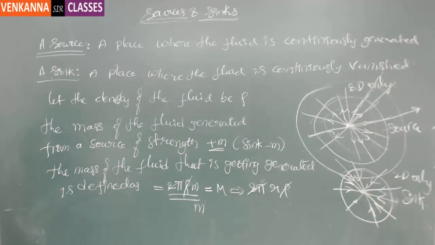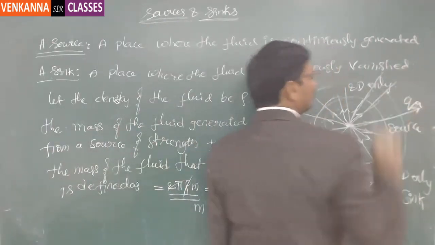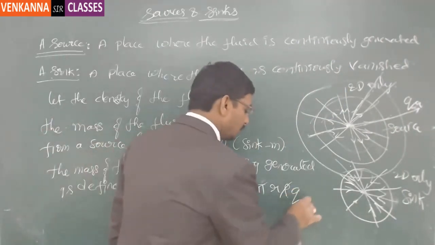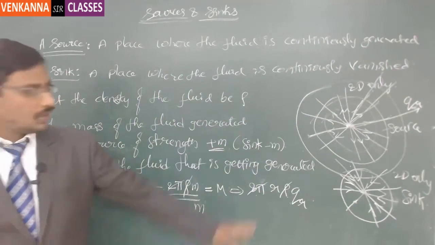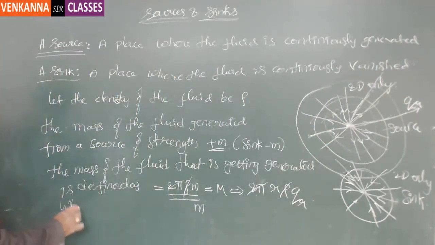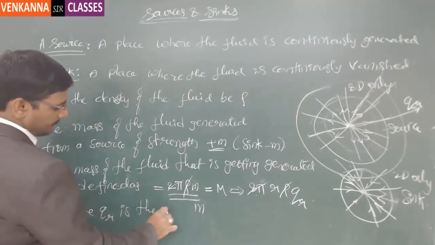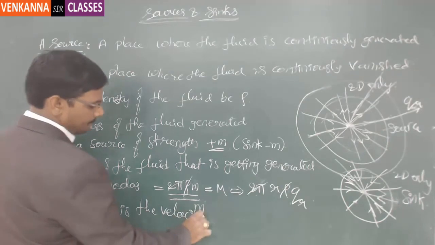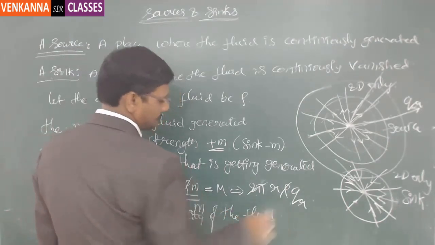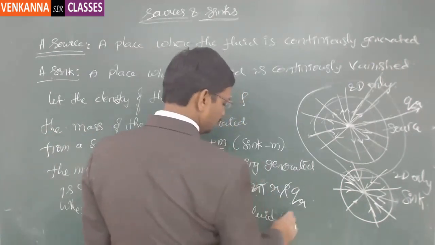Sorry. If the velocity of the fluid that is getting crossed is qr, then the mass of the fluid that is getting crossed will be multiplied with qr, right? So qr is nothing but the velocity of the fluid in the radial direction.